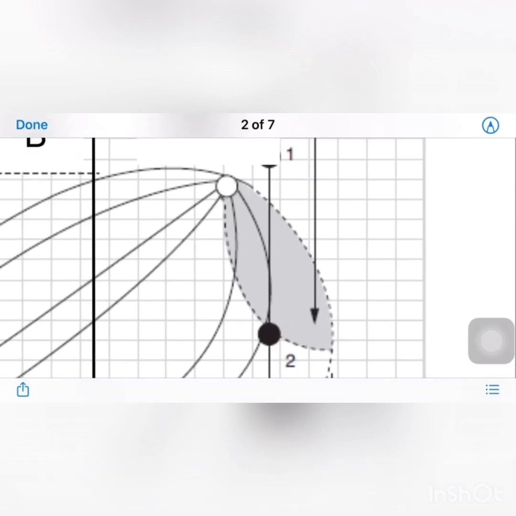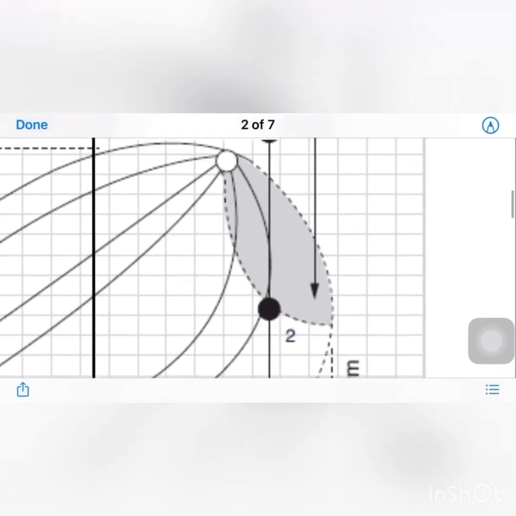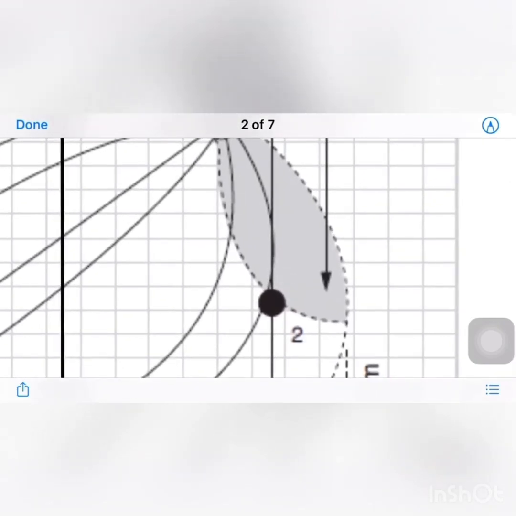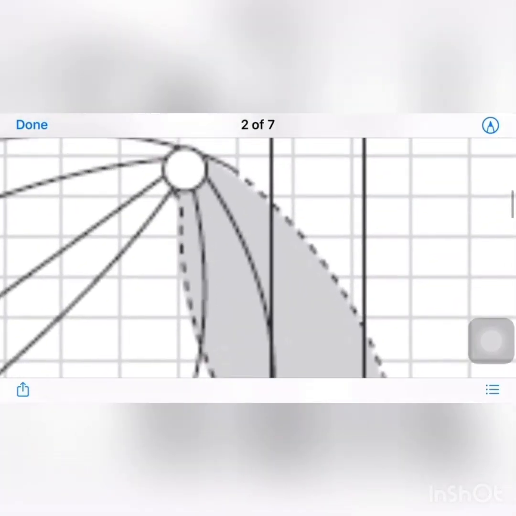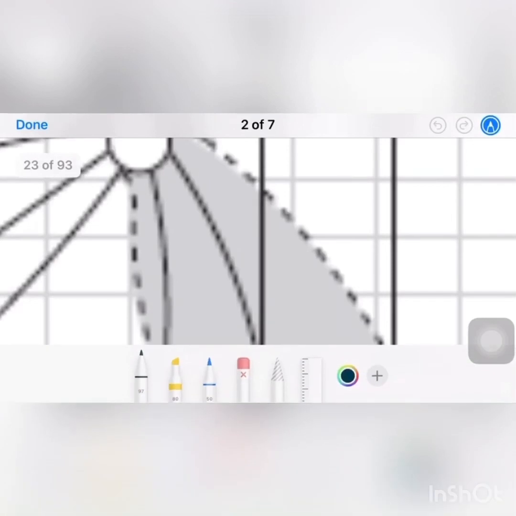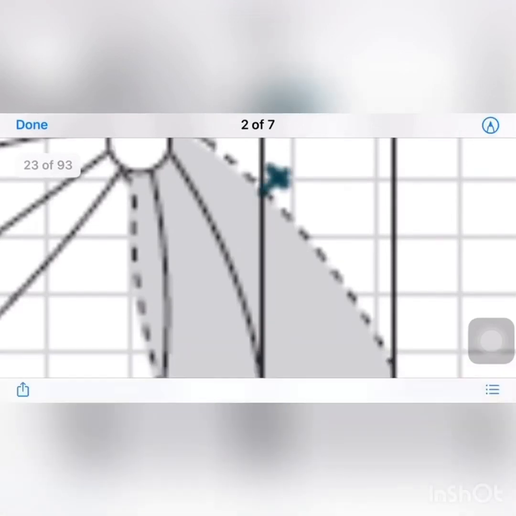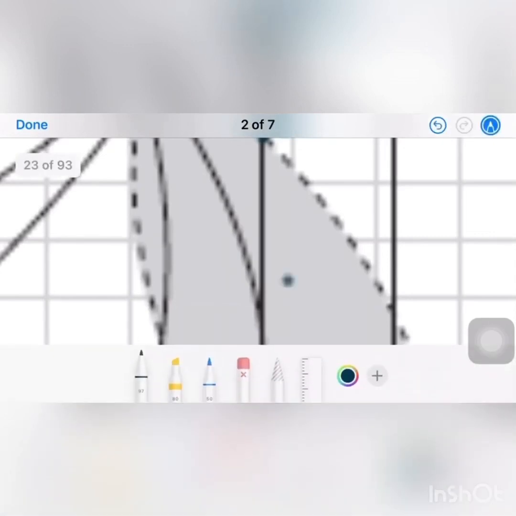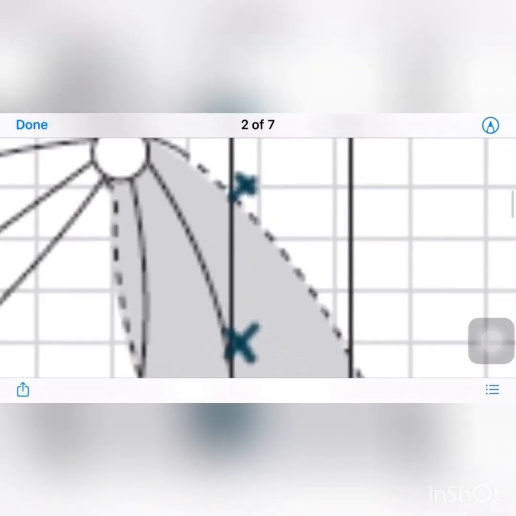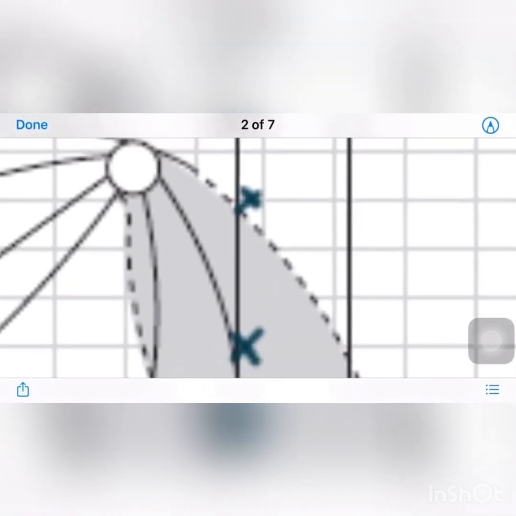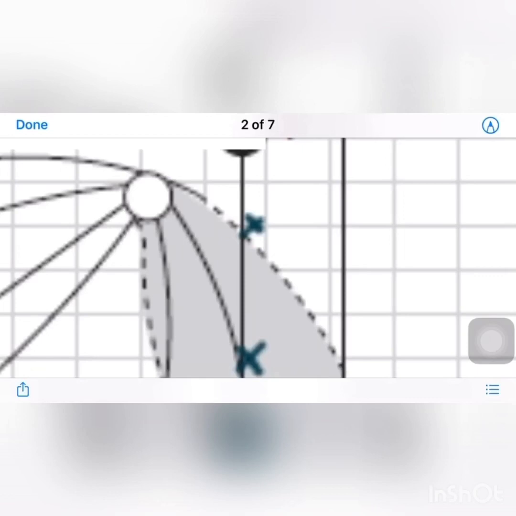Further decrease of pressure causes an increase of liquid ratio, or liquid phase. You can see here we have 5% liquid. From this point to this point, we have an increase of liquid in our system from 0 to 5%.